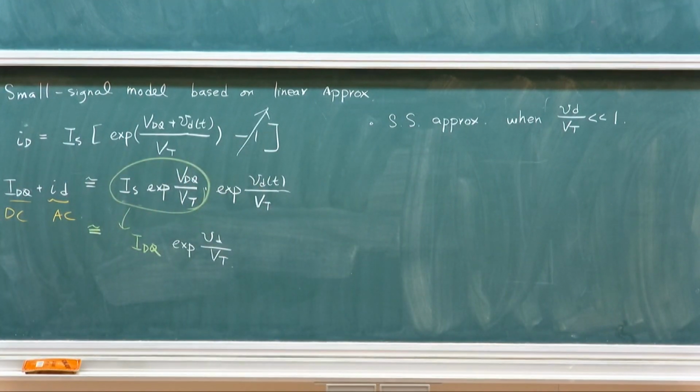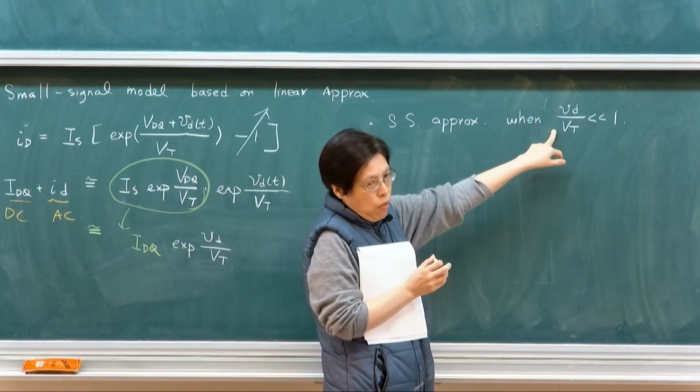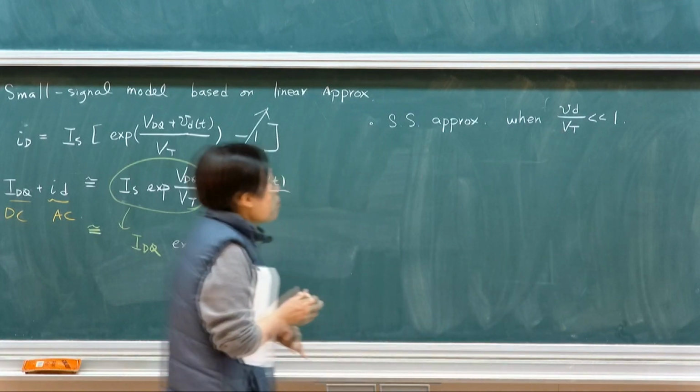We know that VT is 26 millivolts. If it's less than 10, we typically can accept, even though I said small. In typical operation, if it's less than 10, or maybe just half of that, we can still use the small signal approximation. Basically, VD has to be smaller than the thermal voltage.